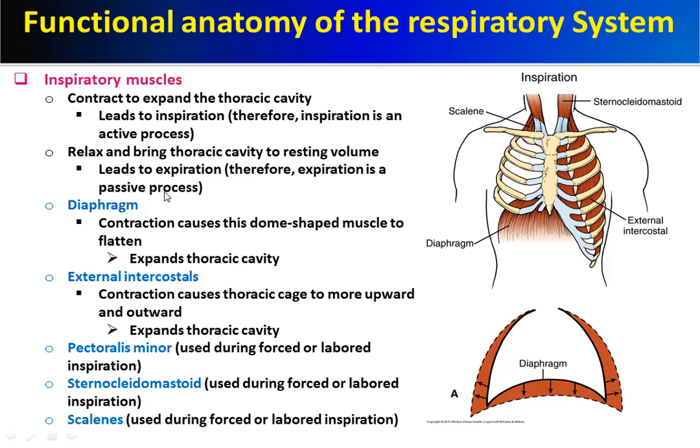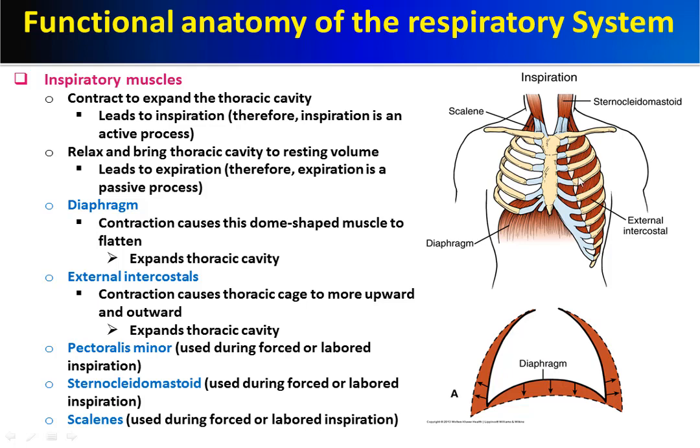The main inspiratory muscles include the diaphragm, which is a dome-shaped muscle, and when it contracts, it flattens, and this expands the chest cavity in the vertical dimension.